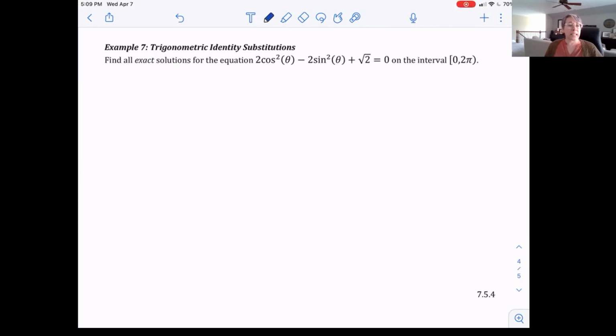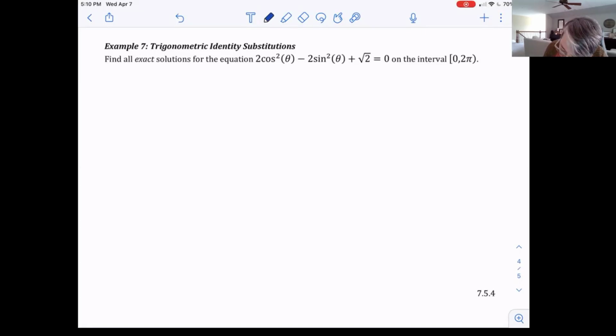Number 7 is another example of a trigonometric identity substitution. We can do some other substitutions to try to get them in with the same cosine and sine values, but what you may notice is with cosine squared theta minus the sine squared theta, that is actually a double angle formula for cosine.